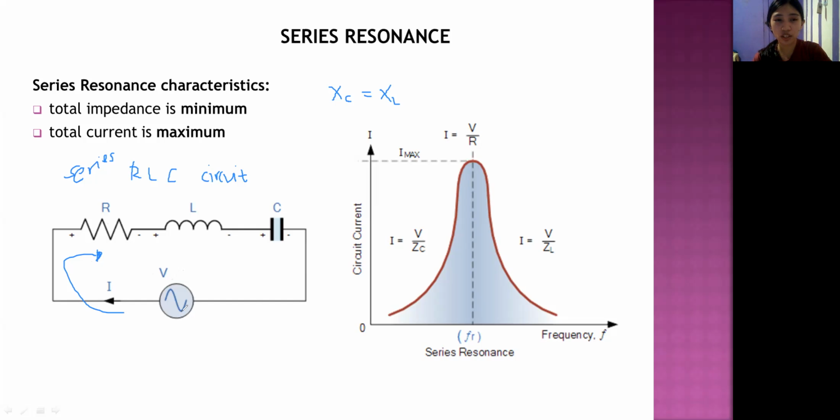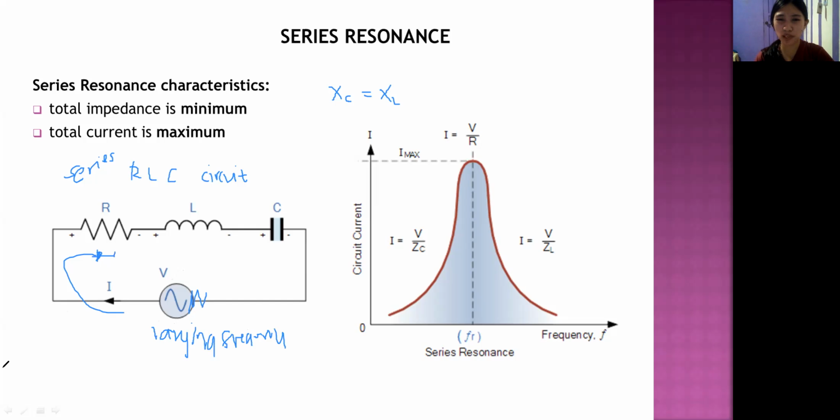If we change the frequency of the voltage source, then at one particular frequency we can get the maximum current flowing through the circuit.